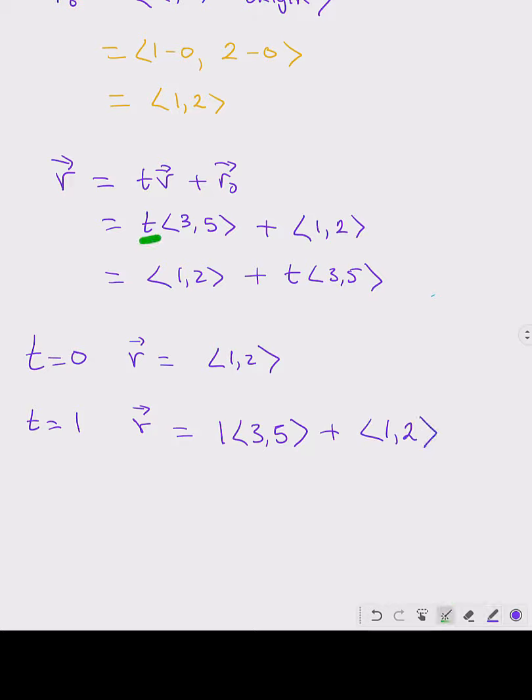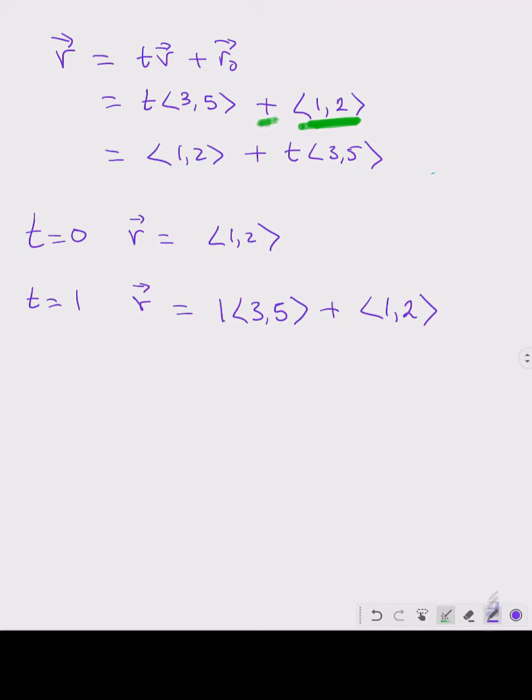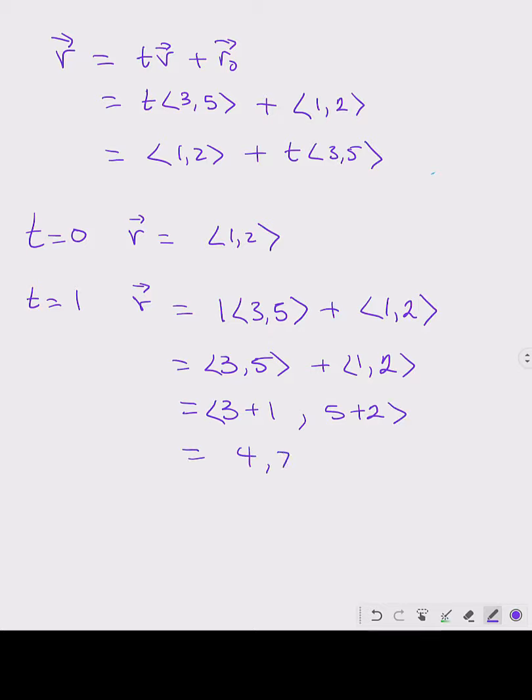When I simplify that, I put the components together, I get 3 plus 1 and 5 plus 2. And of course, that's 4, 7. Right? That's where we wanted to go.